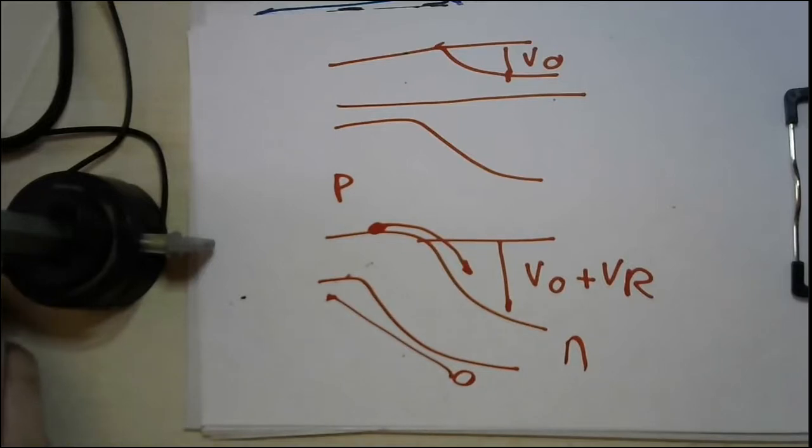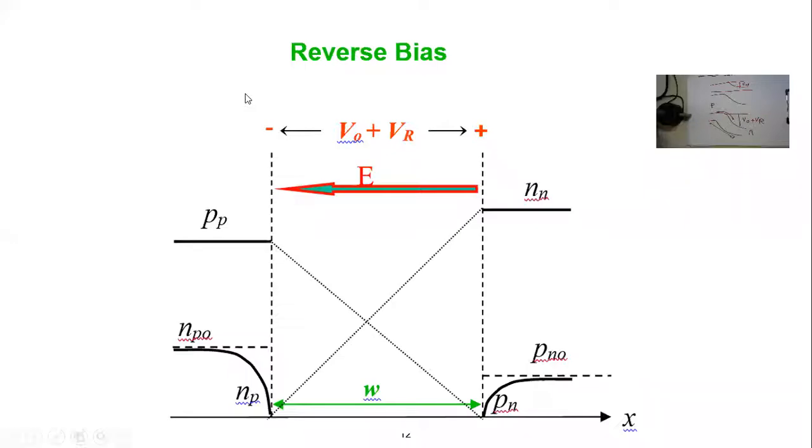So if we return back to the slides, as you can see here, originally, I will start to open my PowerPoint. Okay, so originally we have this amount of electrons. But due to the reverse bias, these electrons drift to the N side, so the number of electrons decreases.